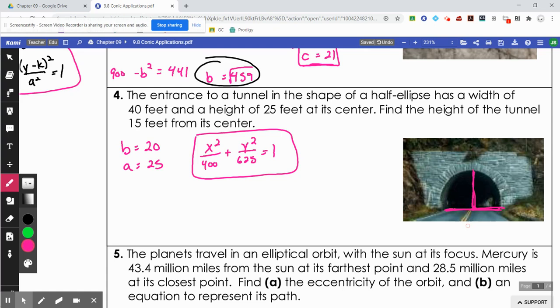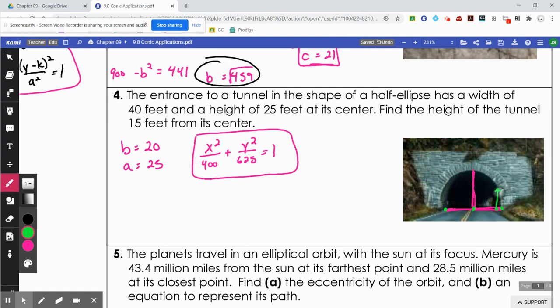So think about how we are going to find the height 15 feet from the center. Let me draw this a little bit better. The width is 40 feet. If this is the center right here, and this is 20 feet over, because the whole thing is 40 feet, what about if we went over not 20 feet, but 15 feet? And we want to know how tall it is from there.